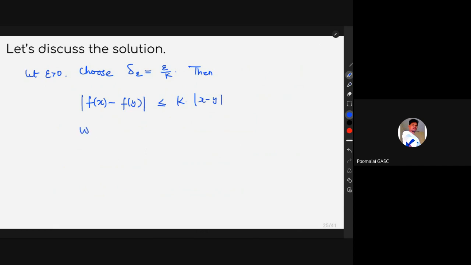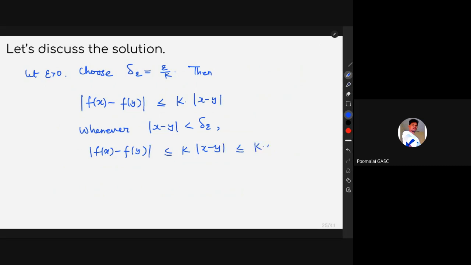So whenever my distance between x and y is smaller than delta of epsilon, then the distance between f(x) and f(y) will be smaller than k times delta of epsilon. Now what is delta of epsilon? Delta of epsilon is actually epsilon by k. So now k cancels out. So in particular, what do I get is f(x) minus f(y) is smaller than epsilon.